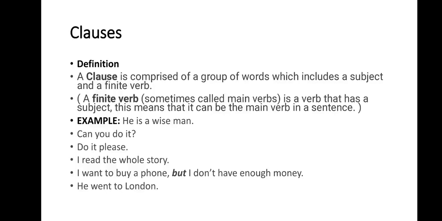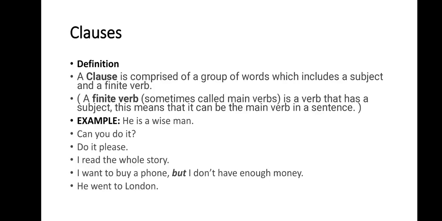I want to buy a phone, but I don't have enough money. So here you have two clauses joining together. In both the clauses, you have both subject and verb.